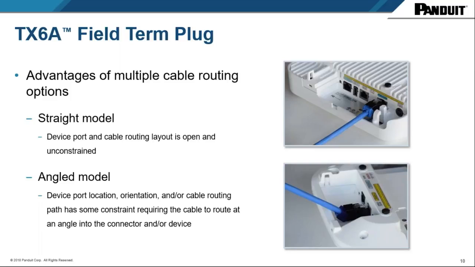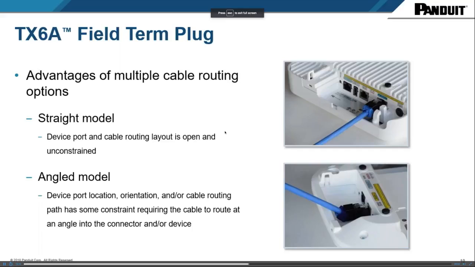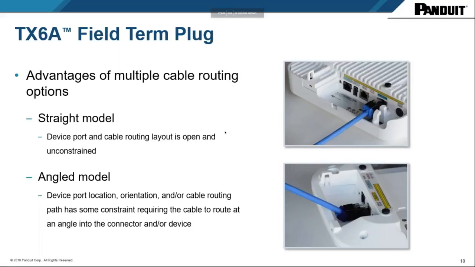This is the case where maybe the device and the port, the device and cable routing layout is very open and unconstrained. In this case, you can see that with this access point, that wall is cut down lower, and it enables an easy fit of a plug and the routing of the horizontal cable, because remember, this is horizontal cable which is being connected to this plug, so it's typically your standard 23 gauge solid cable.